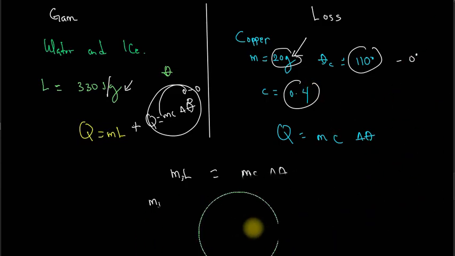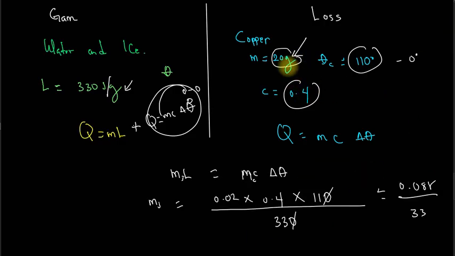Don't go and get a wrong answer in the exam. These are the things you should look out for. So instead of 0.02, we're going to have 20 gram.